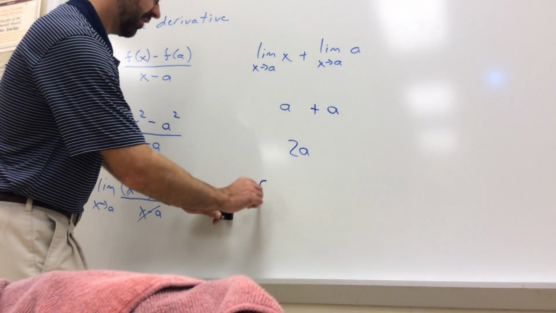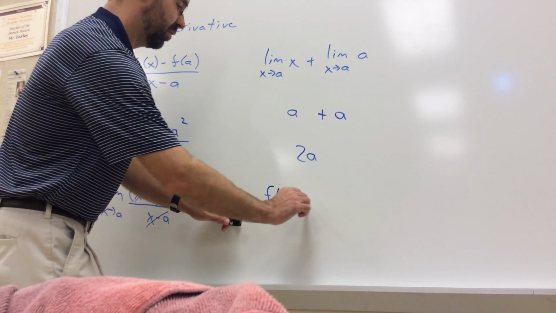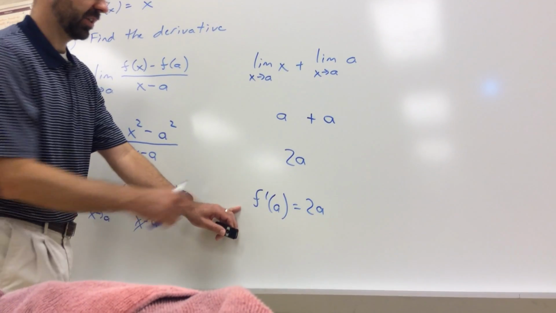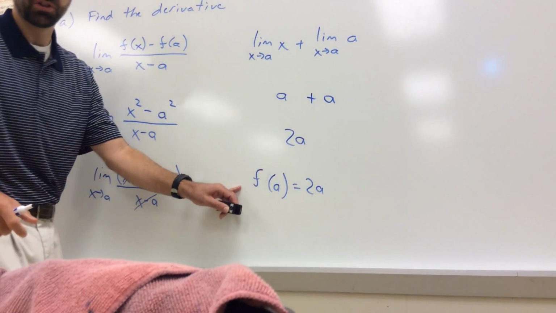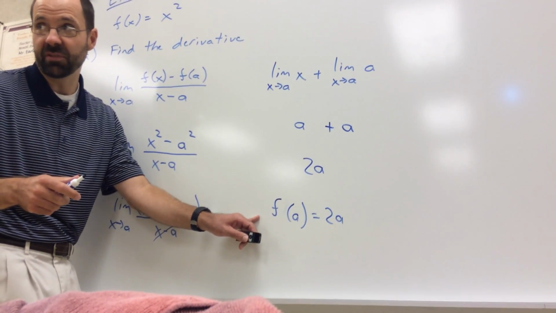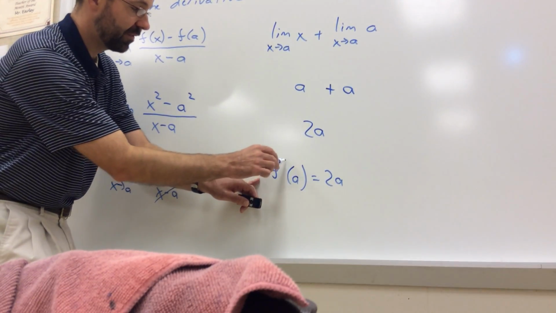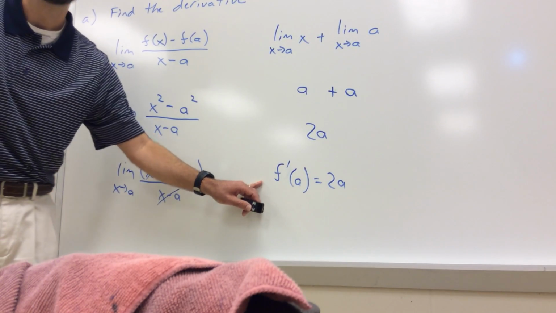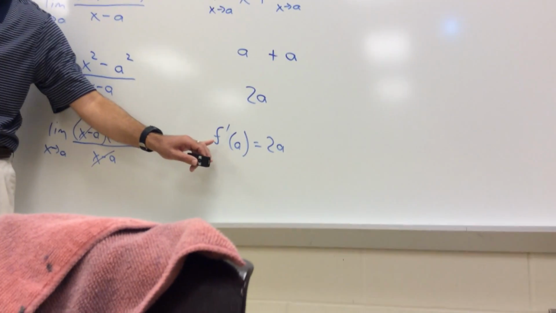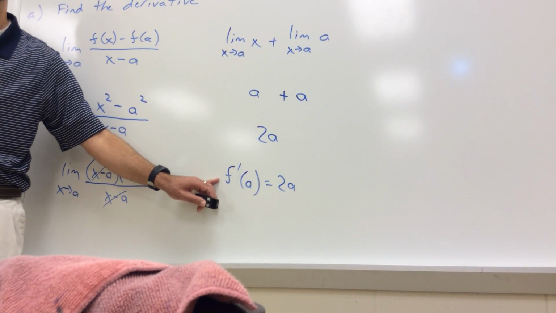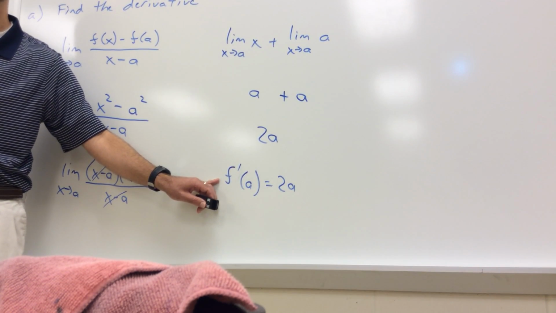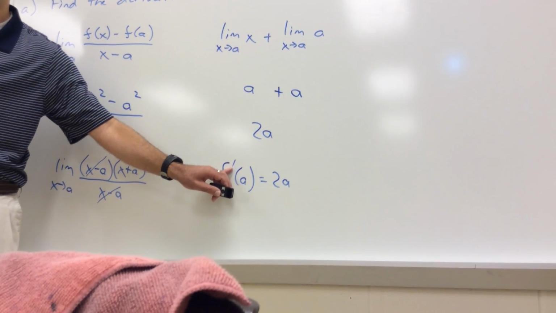So you could say f prime at a is 2a. I'm so used to this notation I forgot that I just throw it in there. So there's notation for the derivative. It's called f tick mark. So if you put a little tick mark above the f, it's read f prime.